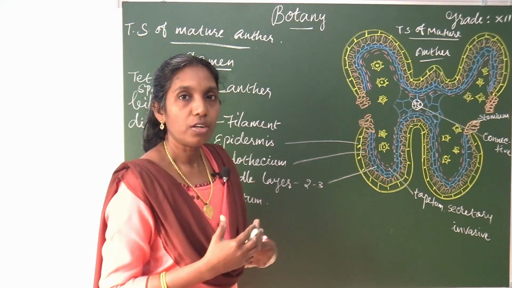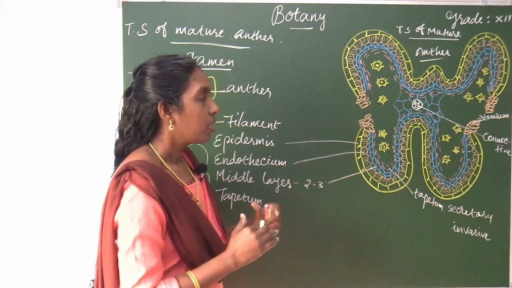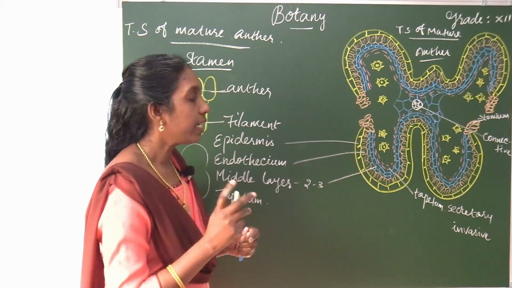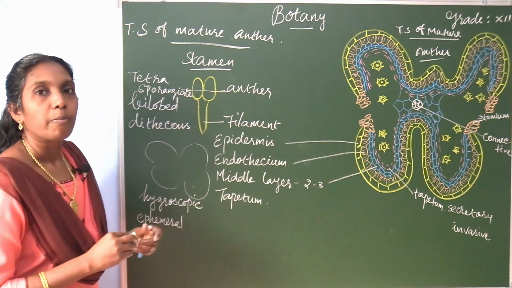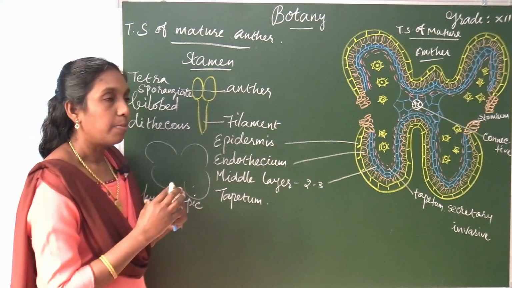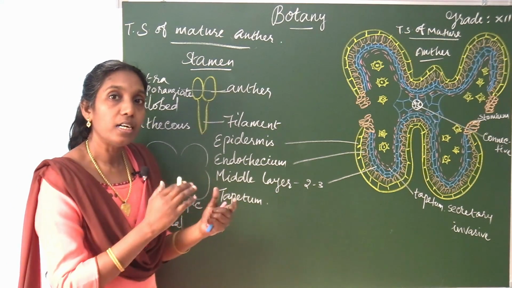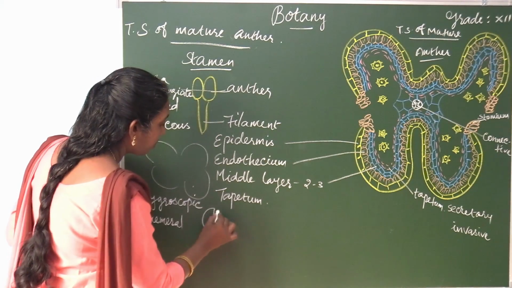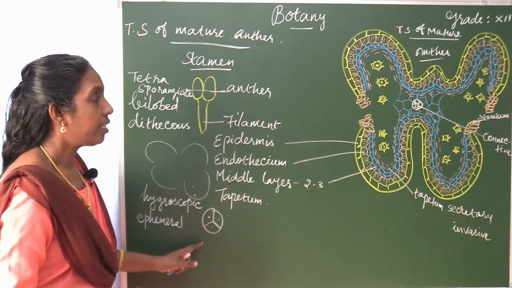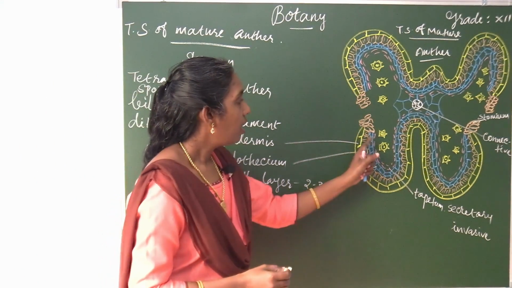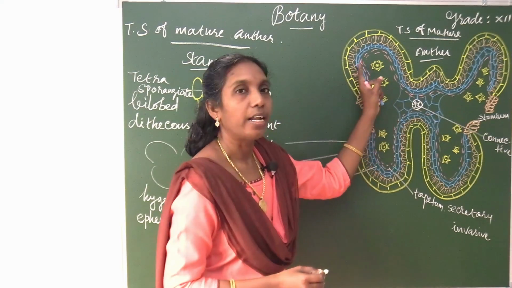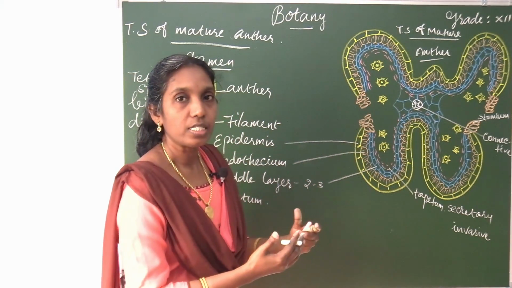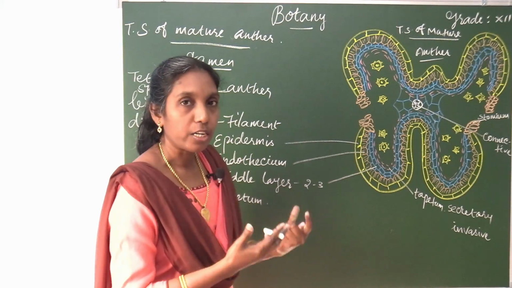What is the function of tapetum? The well development of tapetum is seen at the tetrasporangiate stage, when the microspore is formed earlier in the form of tetraspore. In this stage the tapetum develops well. The function is that it nourishes the developing microspores.